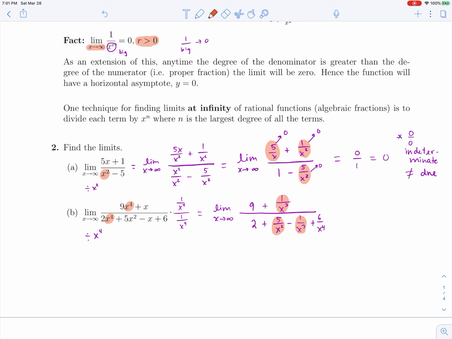All these things with the denominator growing to infinity go to 0. And what we get is 9/2, which, if you remember from pre-calculus, is the ratio of the leading coefficients, which would also be the horizontal asymptote if we were to graph this function. So this graph has a horizontal asymptote of y equals 9/2.